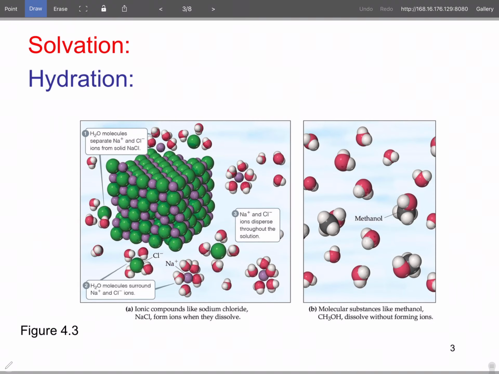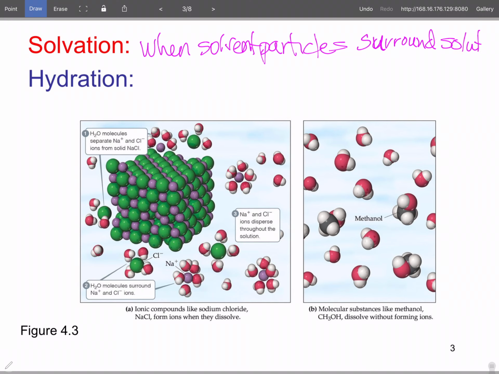And that brings us to solvation. Solvation is when the solvent particles surround the solute particles. And I know that looks like an A. Surround solute particles. And so that's the general term. If the solvent is water, it's the same rule, but it's just knowing that it's water.